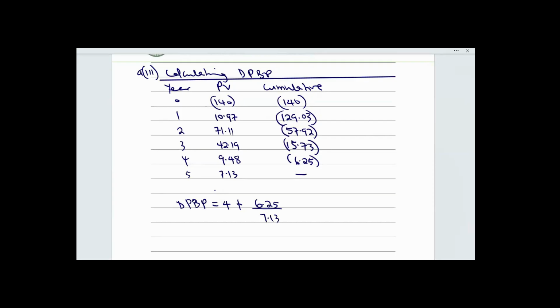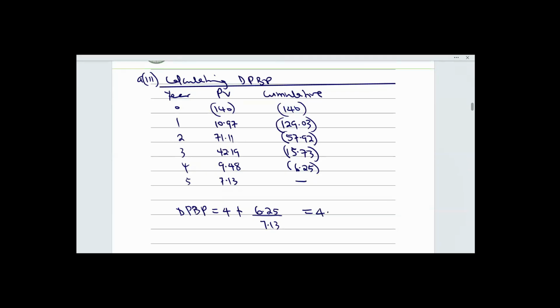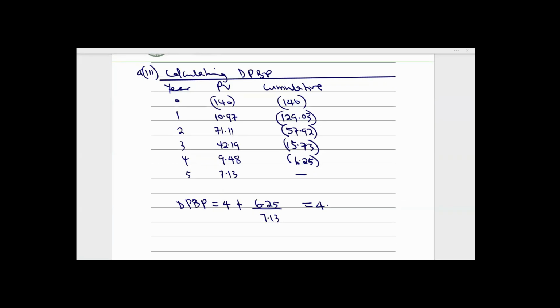So that will give us discounted payback period. This should be 4.9 something. Let me see. 6.25 divided by 7.13, then plus 4. That's 4.88. So the discounted payback period is 4.88 years.